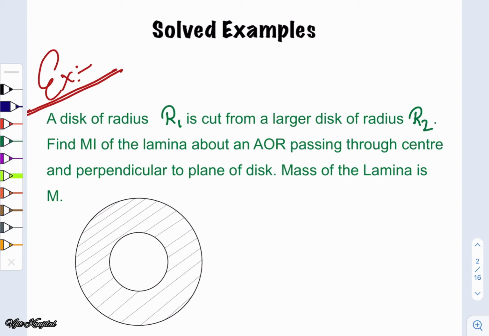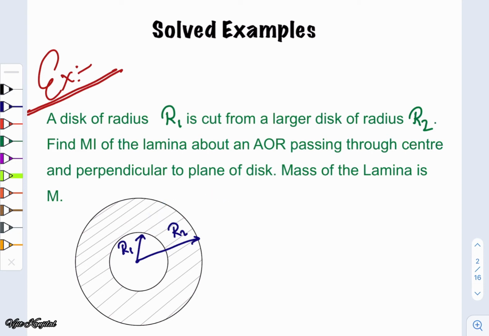So what are we given? We had a disk of radius r2. From this disk, a disk of radius r1 has been cut out. So we have this particular lamina.